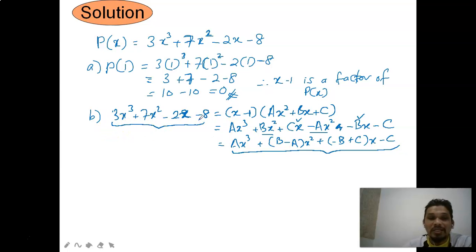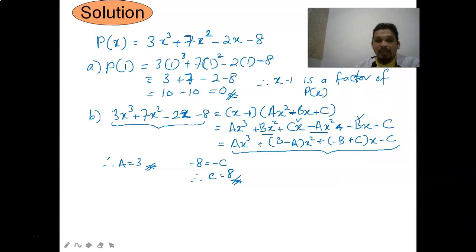So we can see clearly here that ax cubed compares with 3x cubed, so then a equals 3. Negative 8 compares with negative c, so negative 8 equals negative c, so then c equals 8.